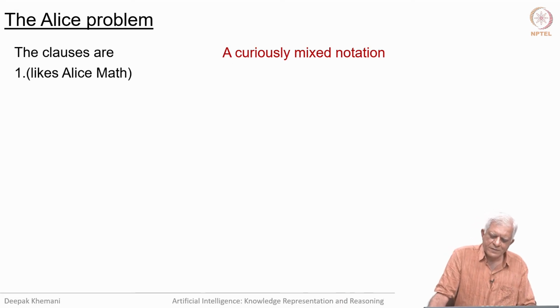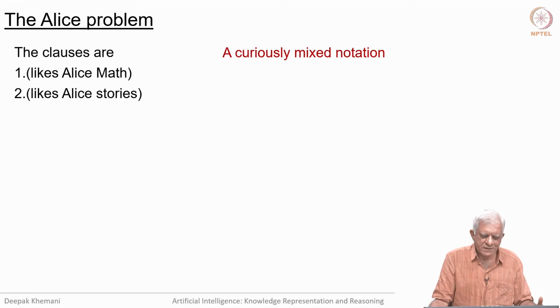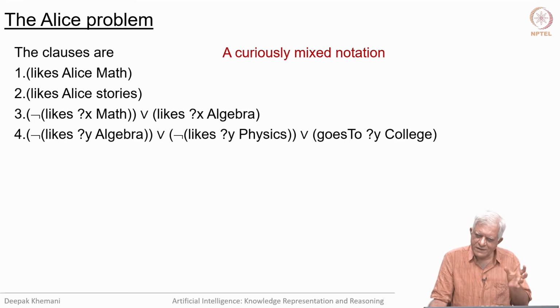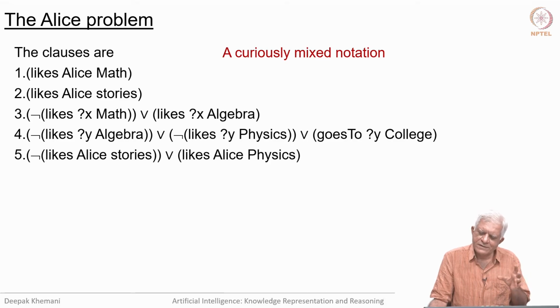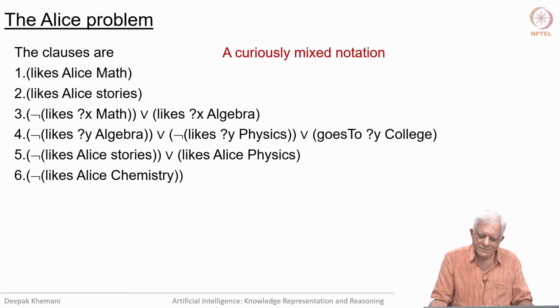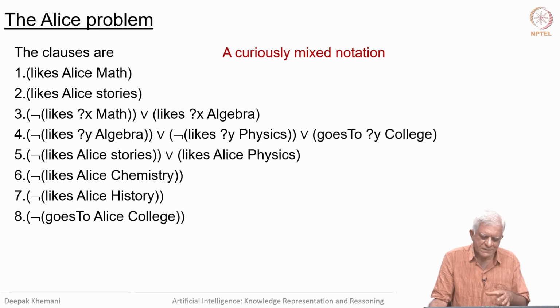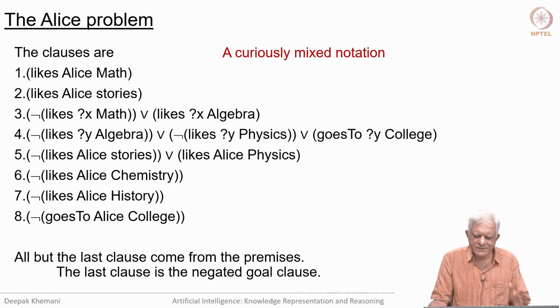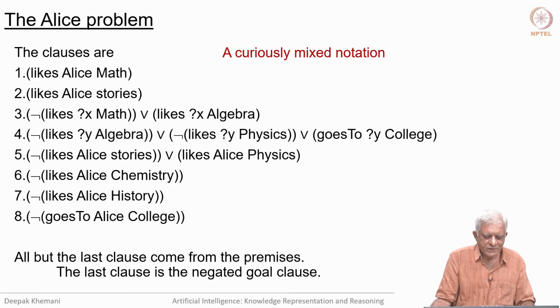So, here is the Alice problem. The notation that I have used is a little bit mixed. Remember that we had this Charniak and McDermott list notation in which there were no mathematical symbols. I have used that notation, but I have used mathematical symbols also here, because sometimes I find it easier to read those formulas.